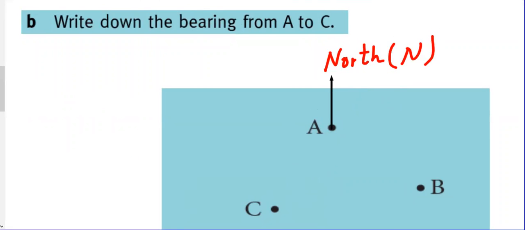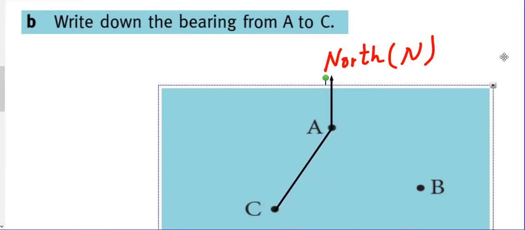Now they said write down the bearing from A to C. So this time you go ahead joining A to C. Can you see that? Adjusting your line so that it looks straight and very neat. So there we go. This is what they're talking about.